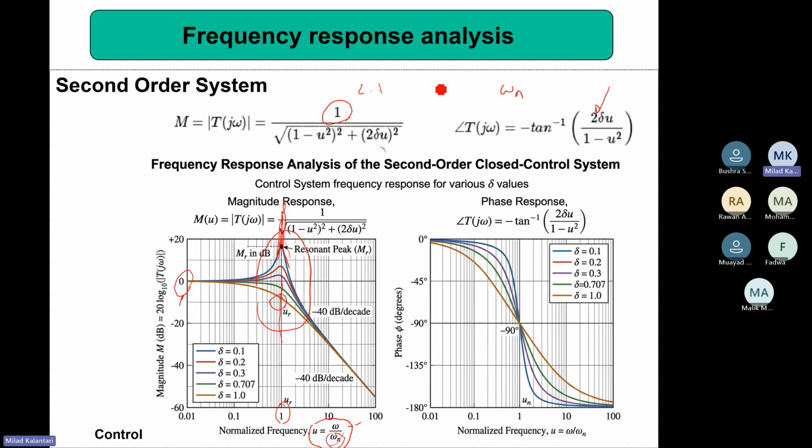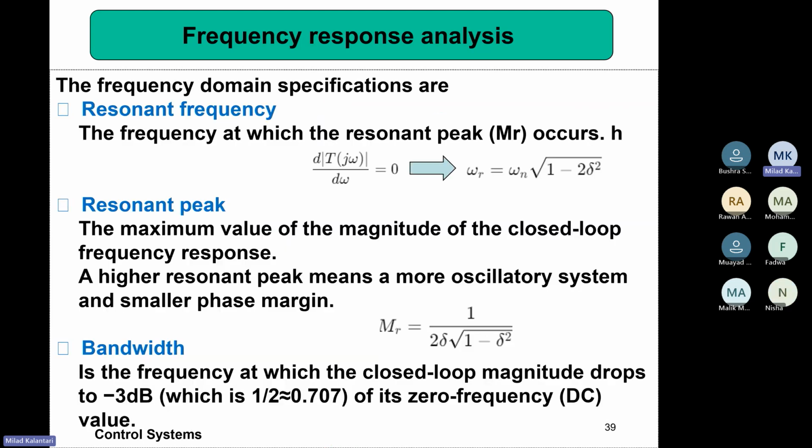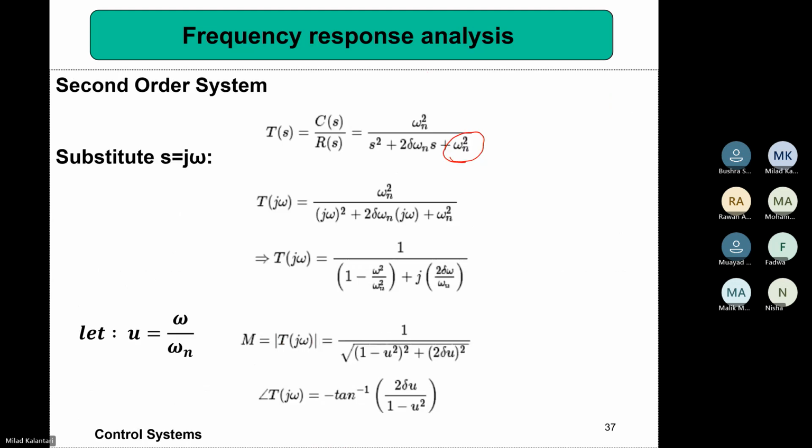At infinity, you can tell that you don't care about these terms because they are lower order, right? But this is second order. So at infinity, this term will be dominant.